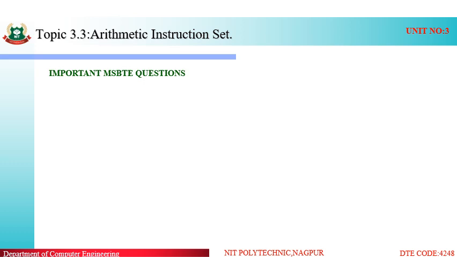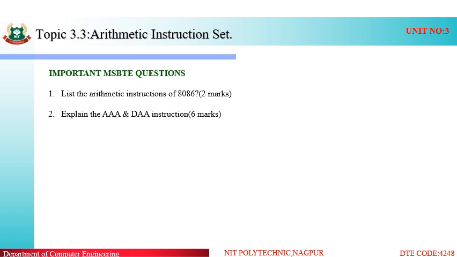So the important MSBTE question related to this topic is: list the various arithmetic instructions of 8086 and explain AAA, that is ASCII adjust after addition, and DAA, that is decimal adjust after addition instruction. The first is related to ASCII numbers, the second is related to BCD numbers. BCD number instructions we will see in the fifth unit in detail.